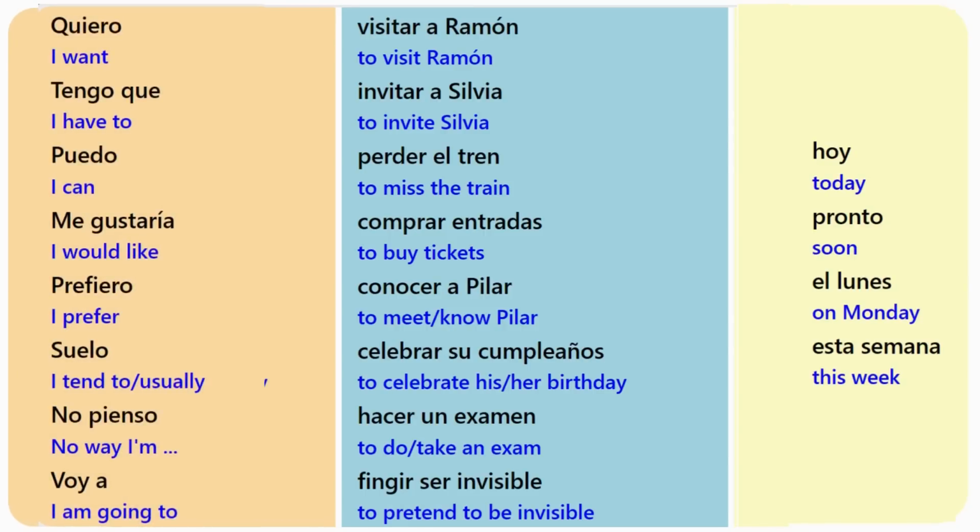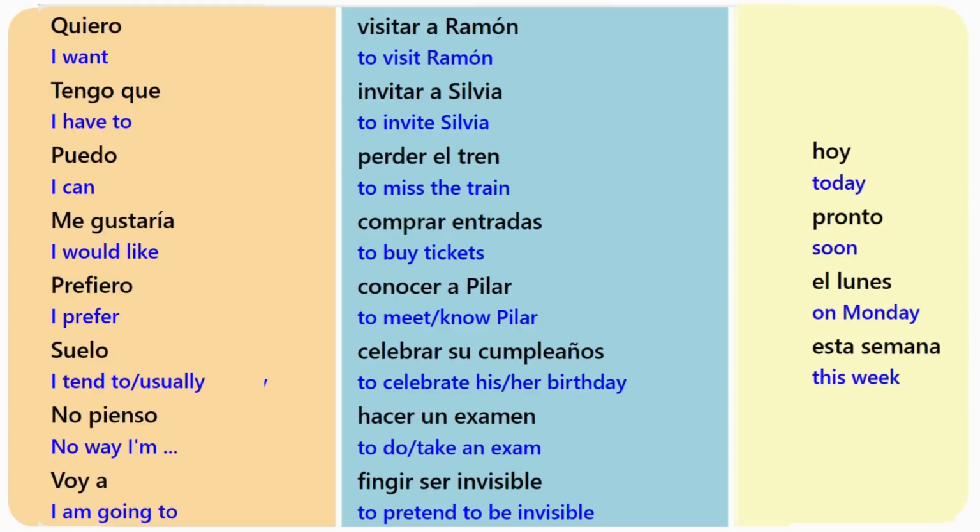Okay, let's go to our first column, and this is the part that is going to give us our present and some future. A little bit later on, we'll learn how to use the past as well, but for the moment, we'll concentrate on the present and future. So, quiero is I want.